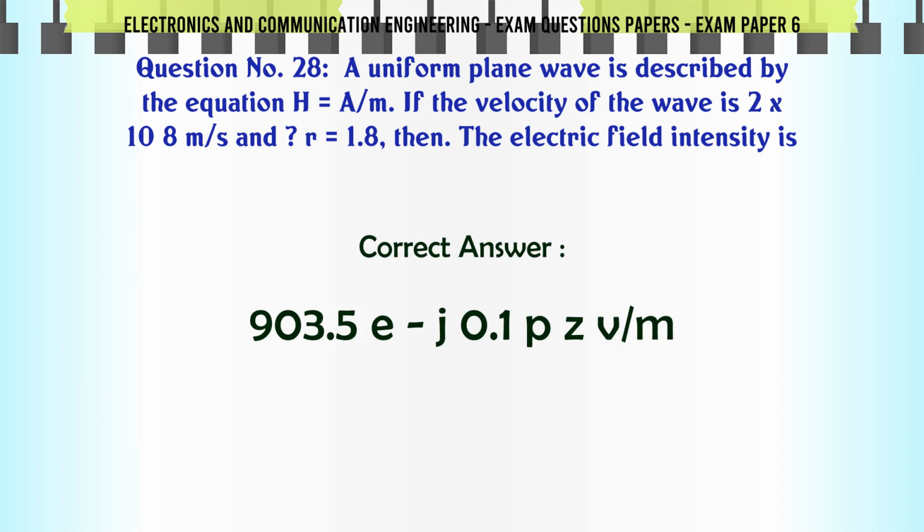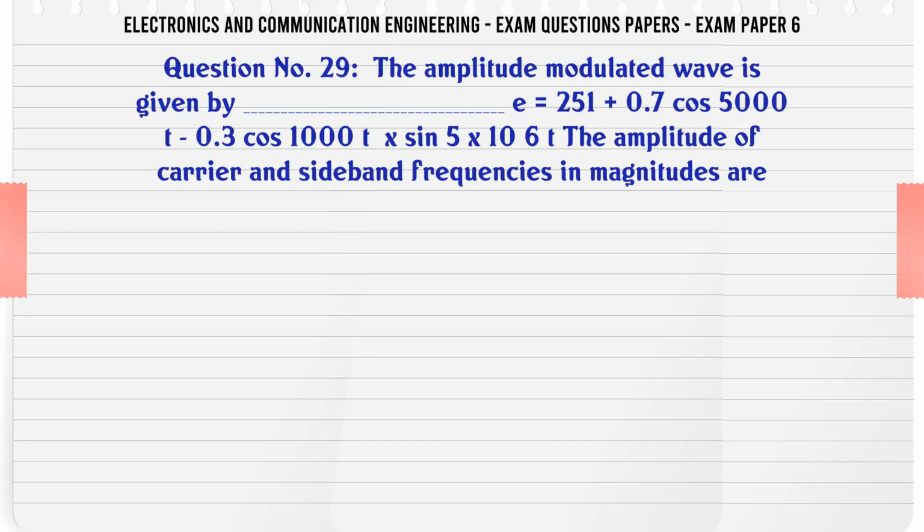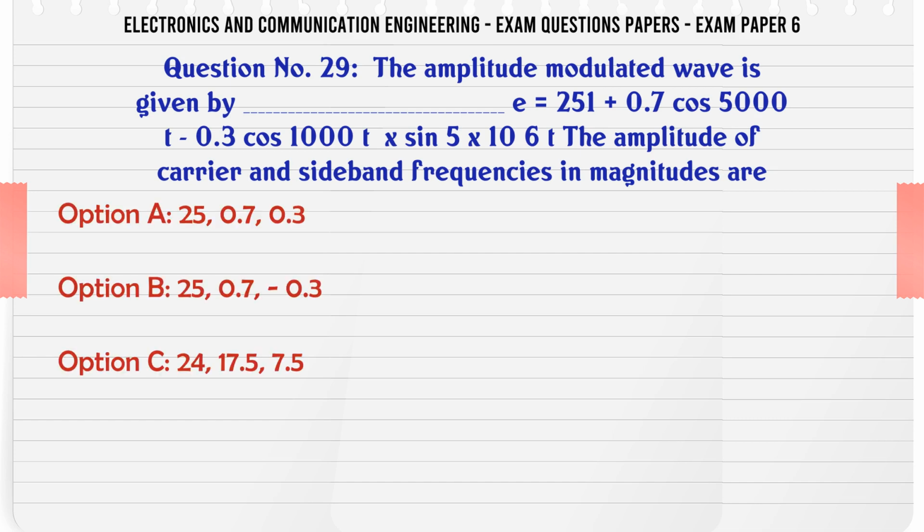The amplitude modulated wave is given by e = 25[1 + 0.7 cos 5000t + 0.3 cos 1000t] sin(5 x 10^6 t).